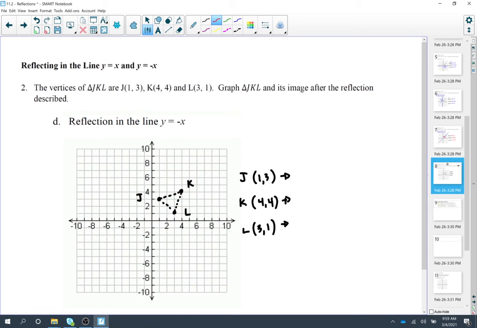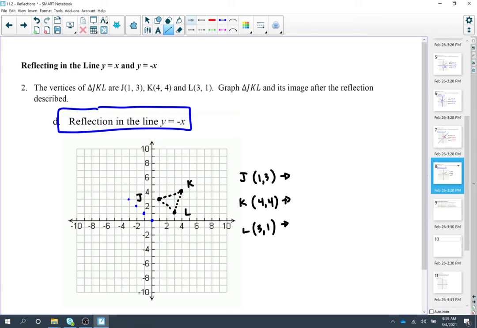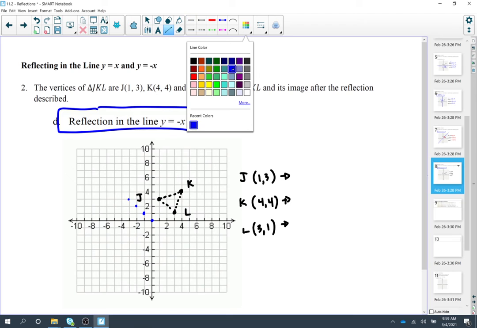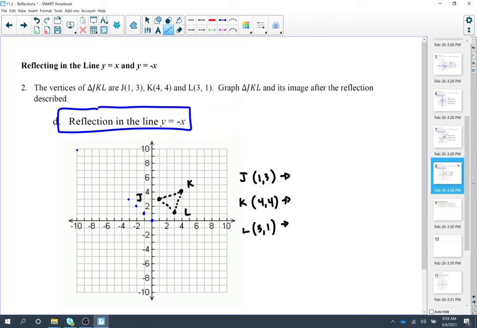Okay, letter D, still the same triangle, but this time we're going to do a reflection in the line y equals negative x. So the line y equals negative x still starts at the origin, but now he kind of goes like this. So he's the line that hits through the origin at all your 1, 1s and goes like that.